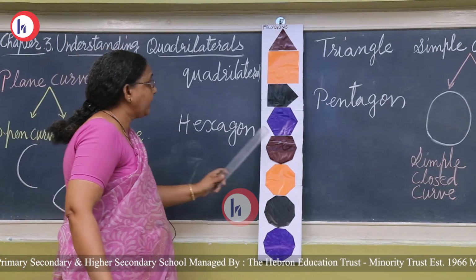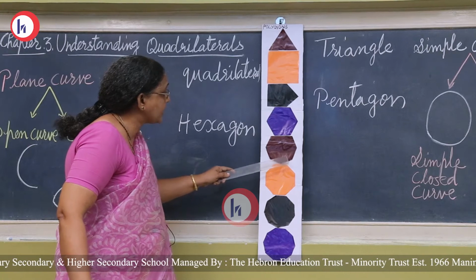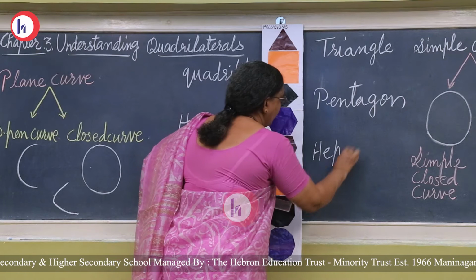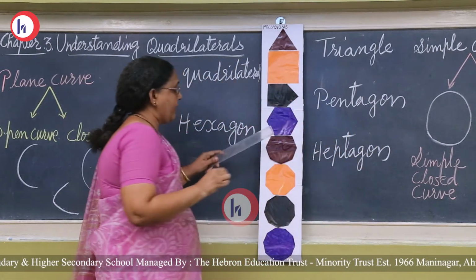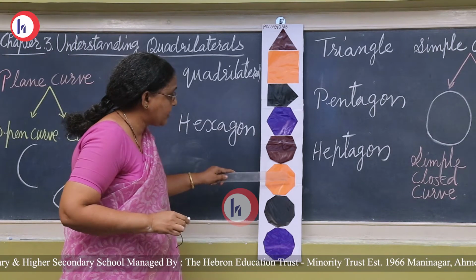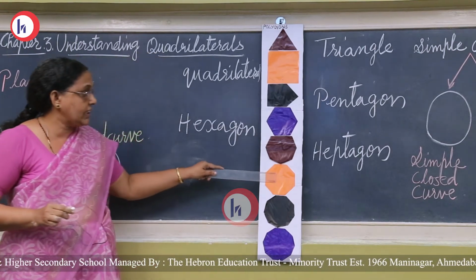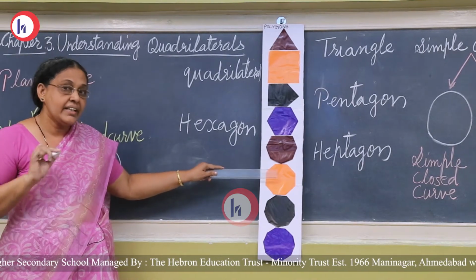After 6 comes 7 sides. How many sides are there? 7 sides. It is known as a heptagon. Then after 7 comes 8. An 8-sided polygon we call an octagon. To remember it easily, think of an octopus. How many tentacles does an octopus have? 8 tentacles.